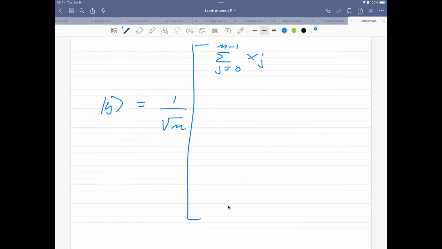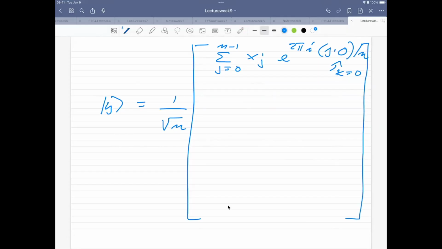And then I have e to the 2 pi i, and this is given by j multiplied with 0 because k is equal to 0. So this is the case with k equal to 0. That's the first component, y0. And then I should put a parenthesis end here.